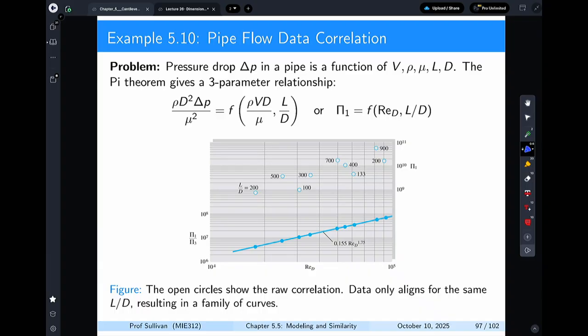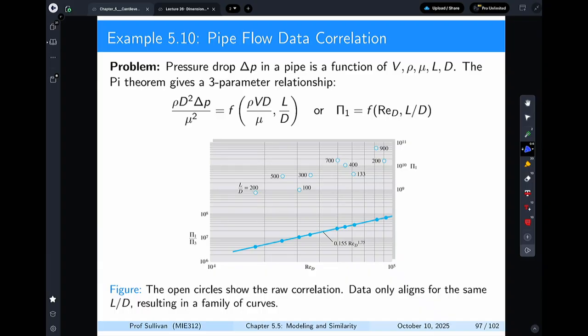So I can also look at pressure drop in a pipe as a function of velocity, density, mu, L, and D, do all the pi groups, and I'll get that the pi groups should be a function of length over diameter and Reynolds number.